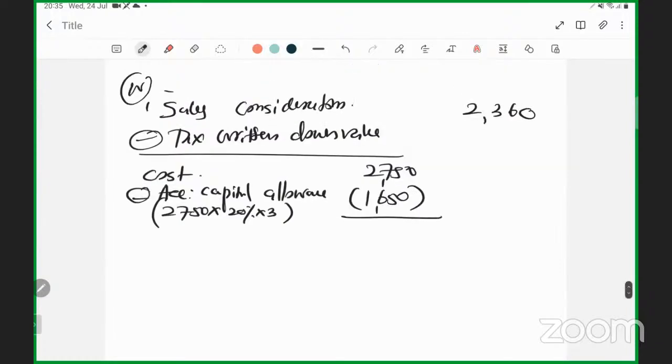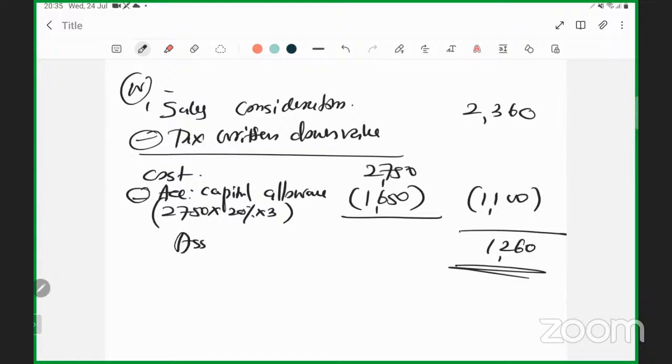Then you can get the tax written down value. Once you deduct this 1,100, you get the difference. The difference is 1,260, that is a plus value. Therefore, this is the disposal gain according to taxation, which we call the assessable charge.